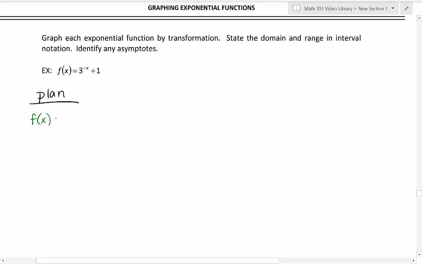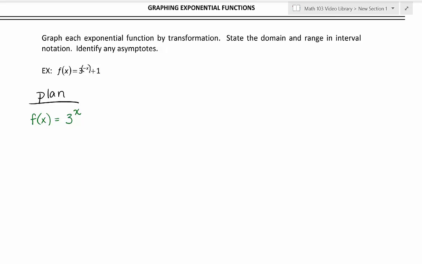Our base in this example is 3, so our parent function is going to be 3 to the x. Something you need to note, since we're graphing by transformation, the exponent is considered the inside of the function. So you may want to put parentheses around it just to reinforce to yourself that that's the inside function.